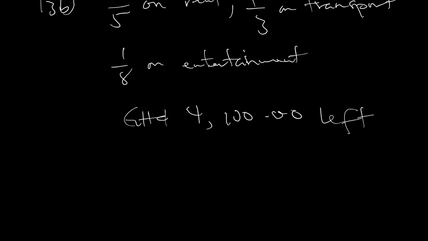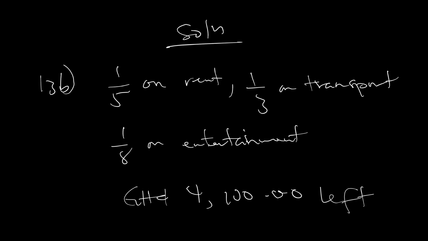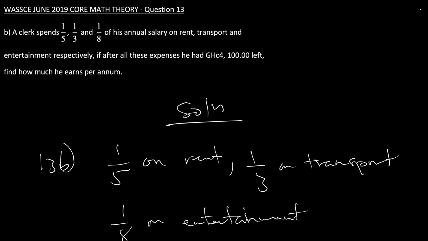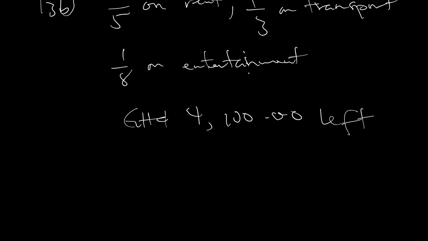We are being asked to find how much he earns per annum. So now we can say that since everything is in fraction, we know that the total fraction is equal to 1. So if it was to be in percentages, then the total percent is 100%. And for fraction, the total fraction is 1.